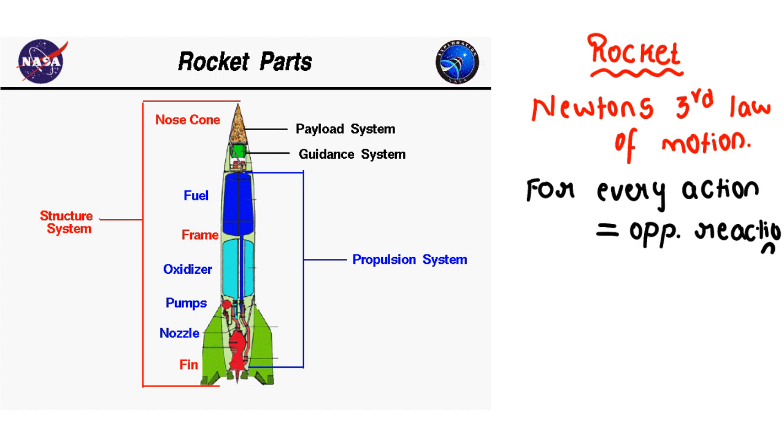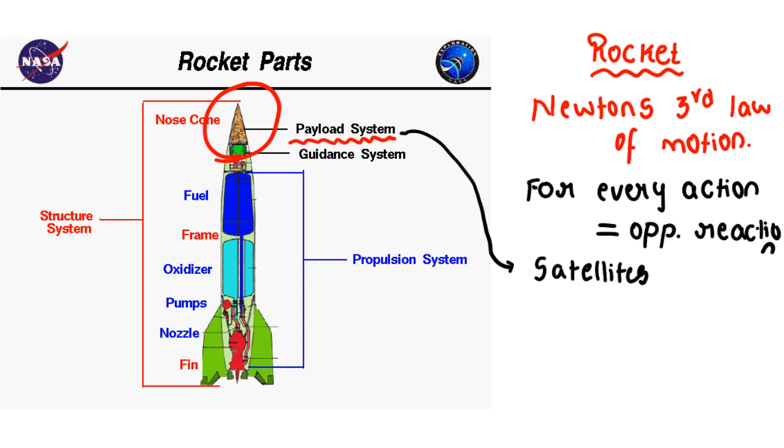So then see the rocket parts. This is called the nose cone. And this is the payload system. Payload system means what will be there in the payload system? When you observe carefully, the payload actually consists of satellites.